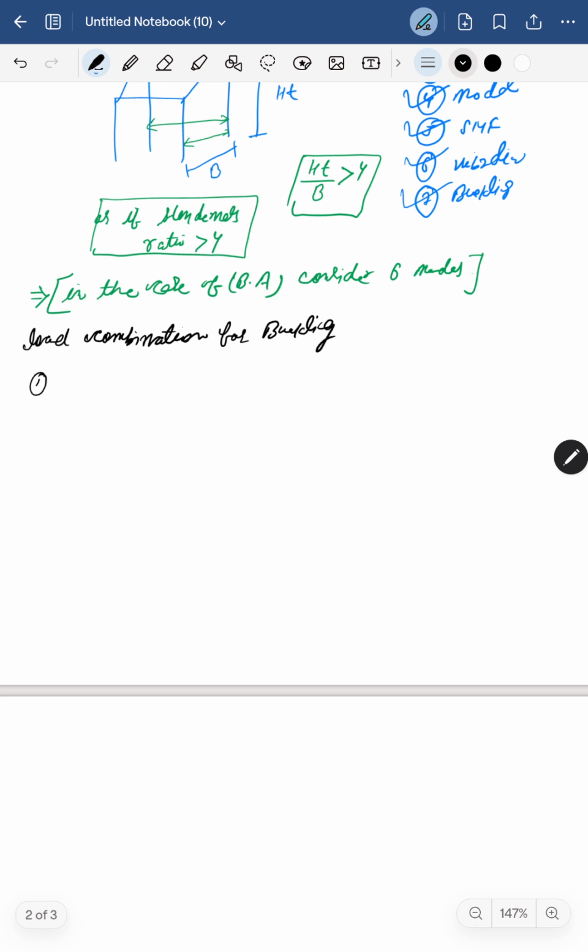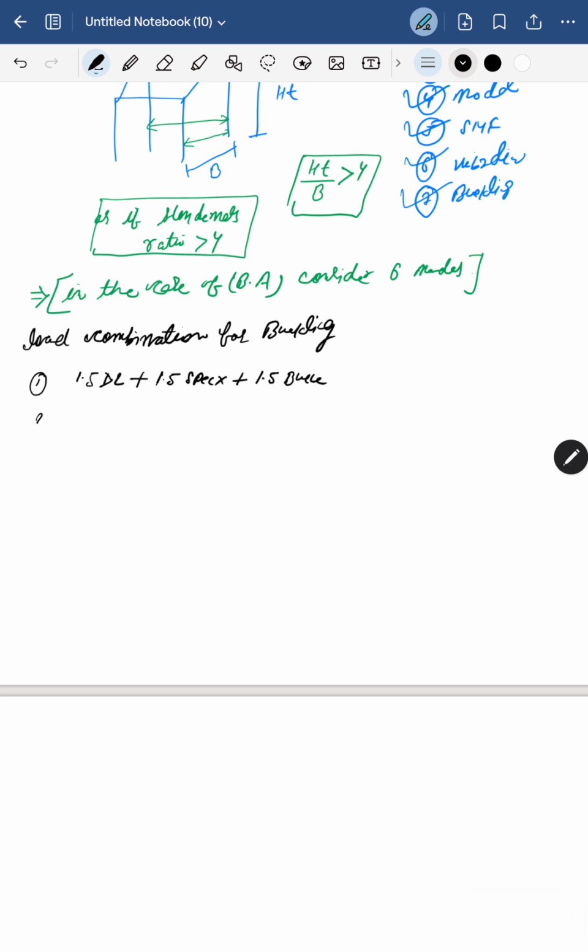The load combination is 1.5 times dead load, where dead load is the self weight of the structure, then 1.5 times space x, which is the response spectrum analysis, and then 1.5 times buckling. This is the first load combination.